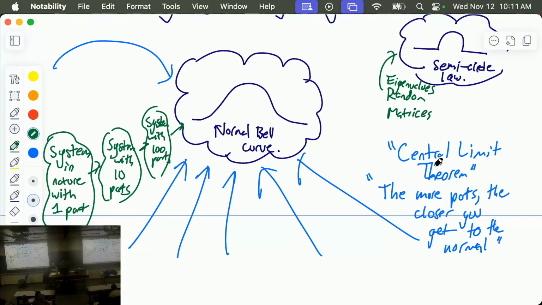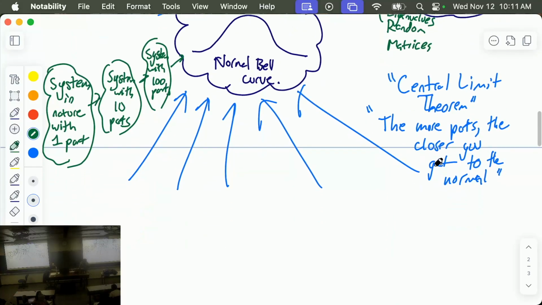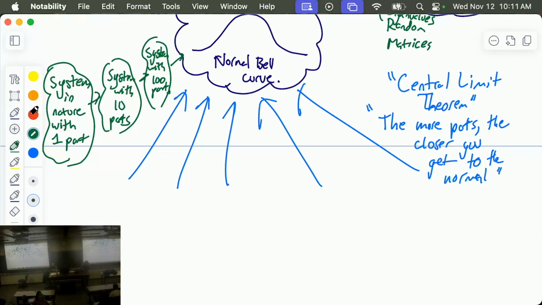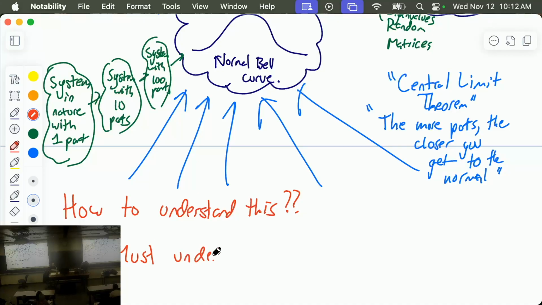This is the process we want to understand, how this works. And to understand this, we're going to have to talk about these kinds of approximations. What does it mean for something to get closer to something else? So we must understand approximations of random variables.